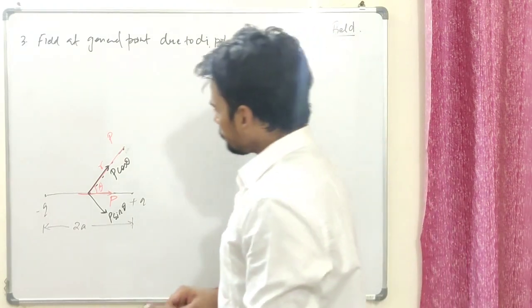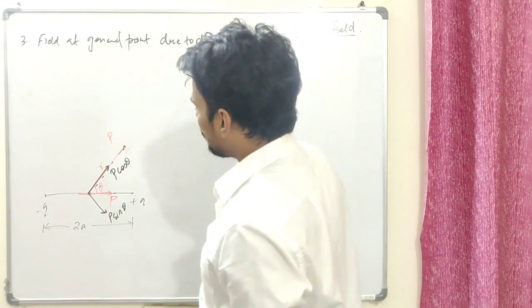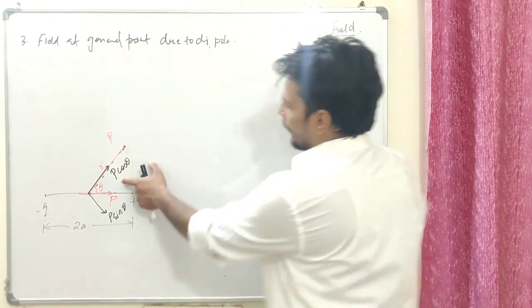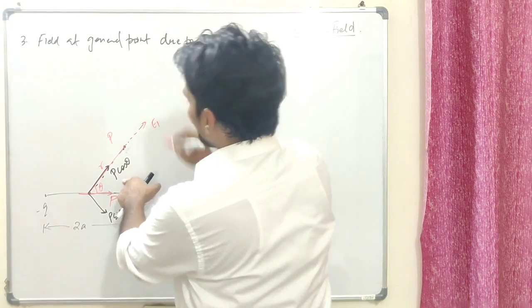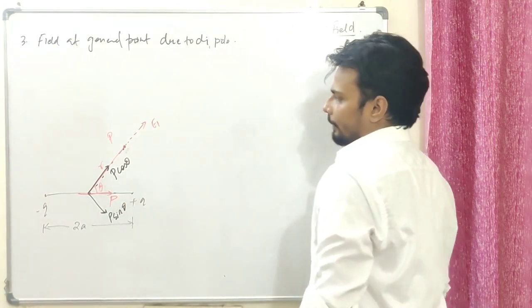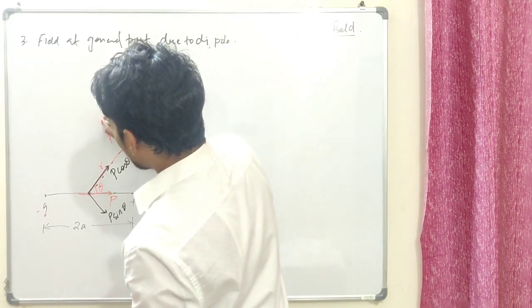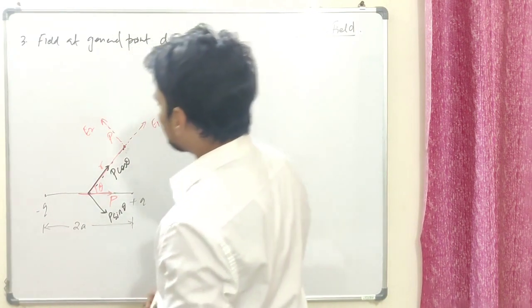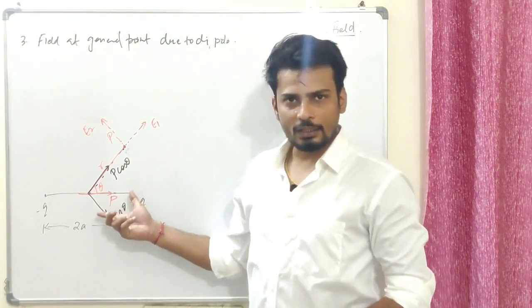Now let's talk about this point. At this particular point, because of this dipole component, I'll have a field in this direction, let's say E1, and because of this one I'll have a field in this direction, let's say E2. I have just got the components of the dipole moment.